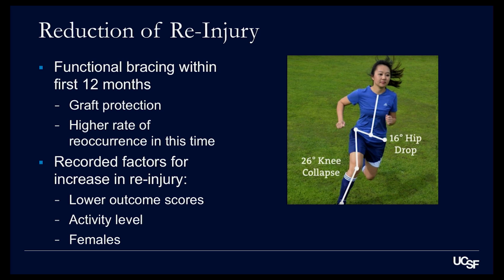This could possibly be the patient's physiological issues, or the activity level, so if they're a high level athlete, they can re-injure, and also being female. The females were recorded to have a higher percentage of re-tear compared to our male counterparts.